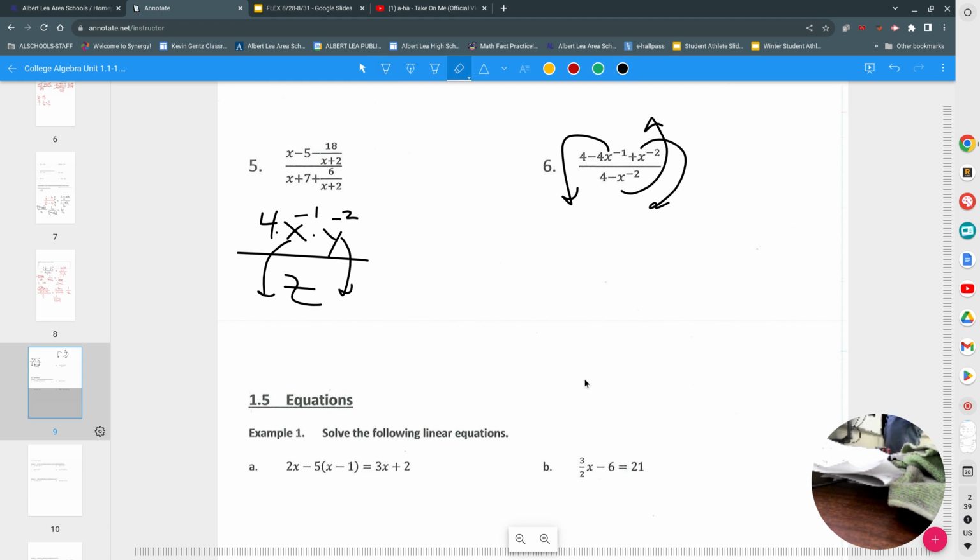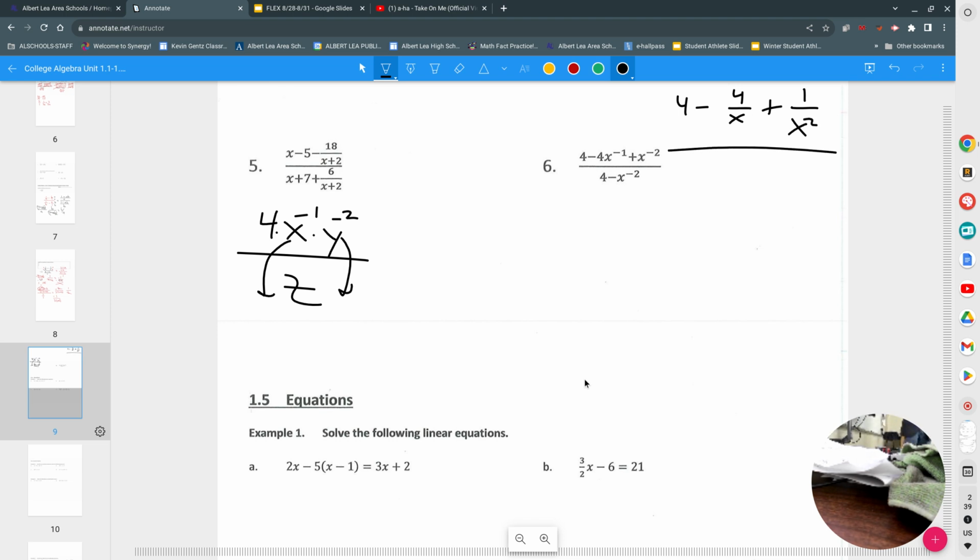So therefore, your option for taking care of this is to write it as follows. 4 minus 4 over x plus 1 over x squared. That's the top. The bottom is 4 minus 1 over x squared. That's the bottom. You see the difference between those two? When they're separated by addition and subtraction, you can't just drop them off back and forth. It doesn't work like that.